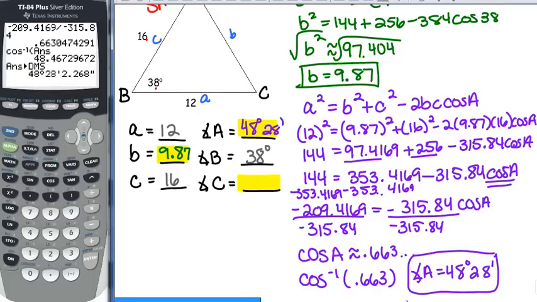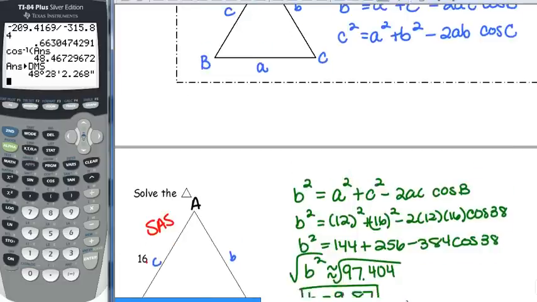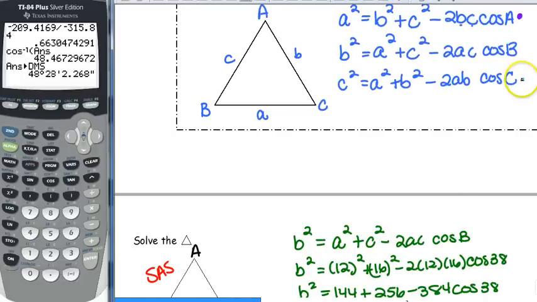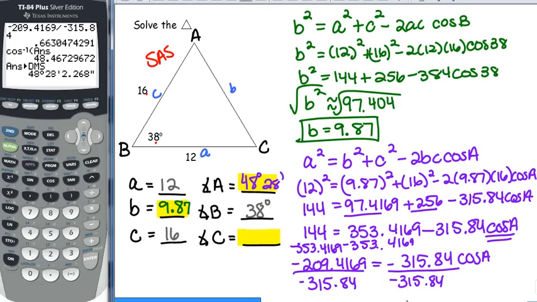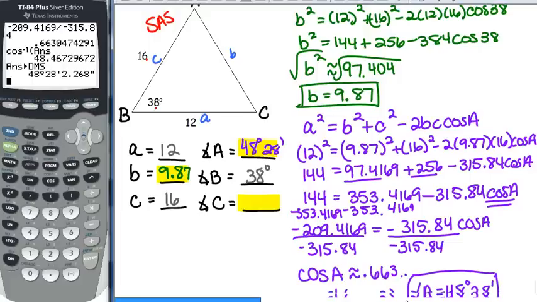The only law of cosine that has angle C is our third one. Hopefully you are sitting there thinking, but we don't need to do all of that work. We have a triangle, and we know that in a triangle, all 3 angles always add up to 180, and we have 2 of our 3 angles.